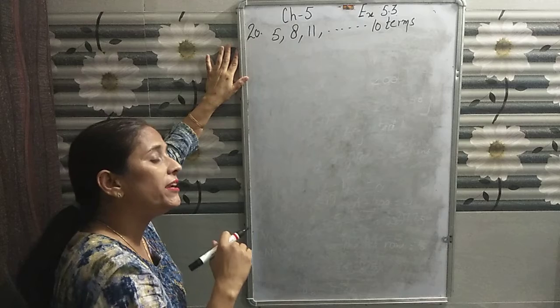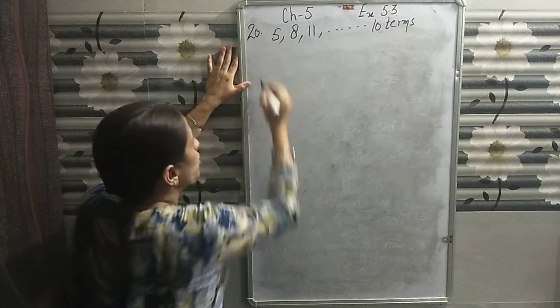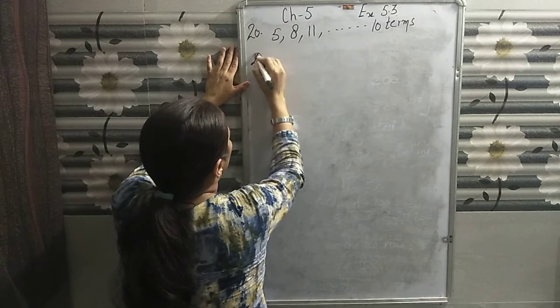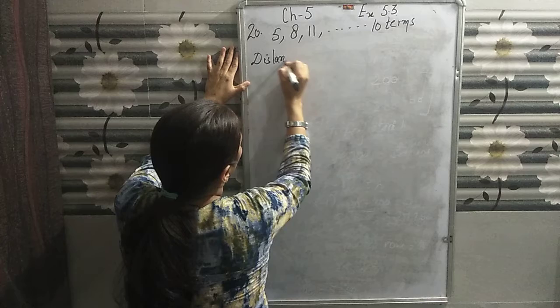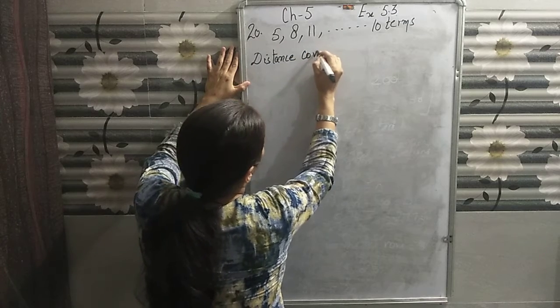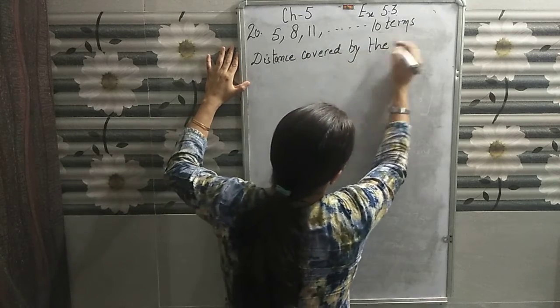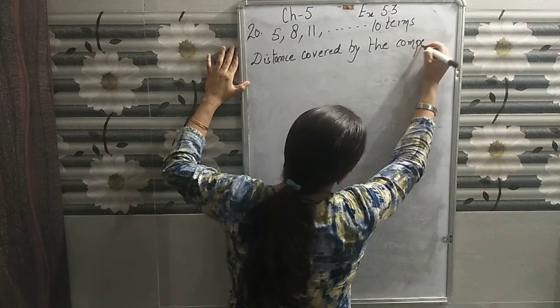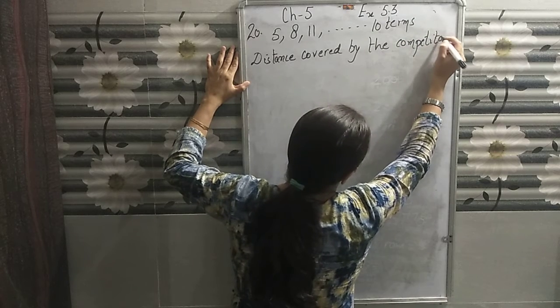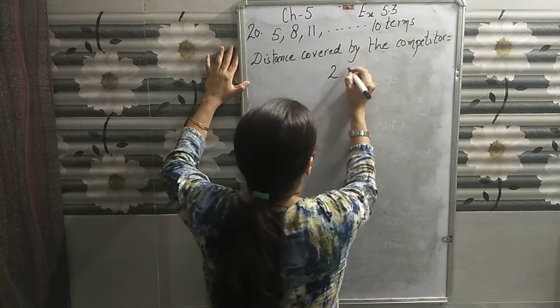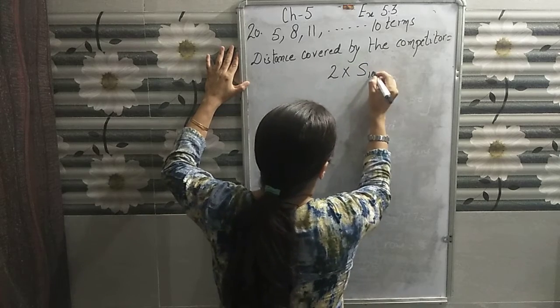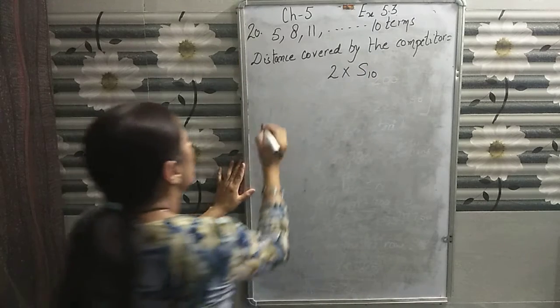Because the competitor is returning back also. So distance covered by the competitor is equal to 2 times the sum of 10 terms. Fine. We have to find it.